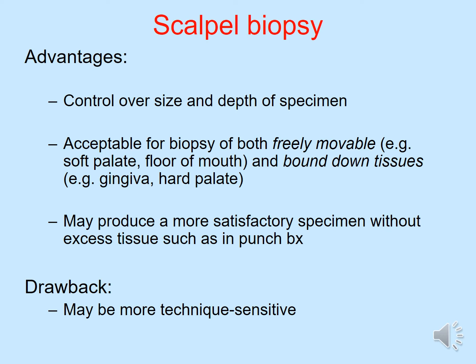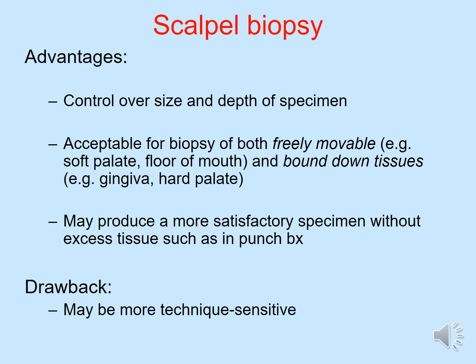This biopsy is acceptable for both freely movable tissues, such as the soft palate and floor of the mouth, and bound down tissues such as gingiva and hard palate. So it may produce a more satisfactory specimen without excess tissue, such as in punch biopsy.